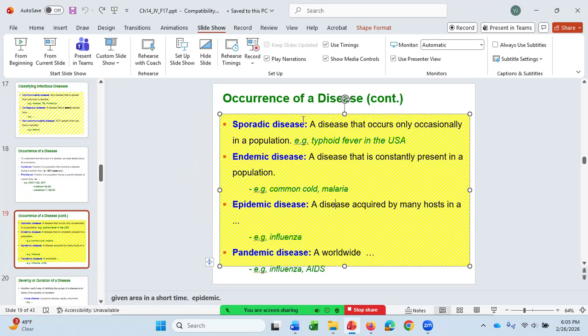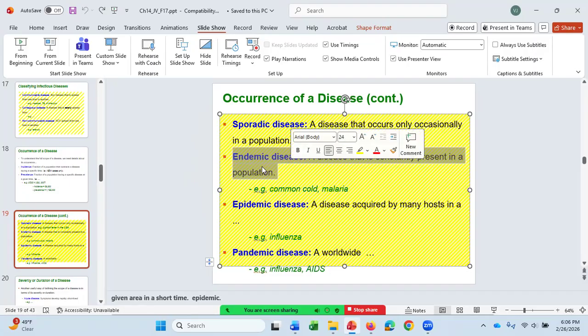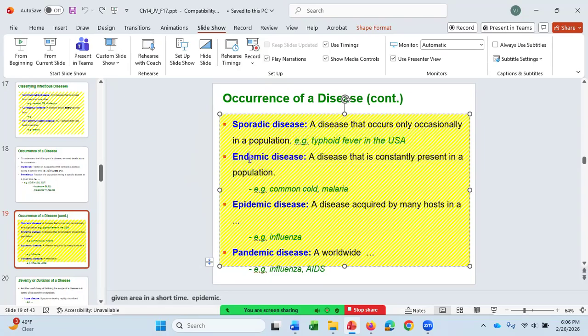It happens every once in a while at low numbers. Other people say no, tuberculosis is endemic, especially among the homeless population. We always have cases of tuberculosis in the United States. And when you're talking about low numbers of disease, the distinction between an endemic disease and a sporadic disease is minor. It's really dependent upon who the author is and what their definitions are.